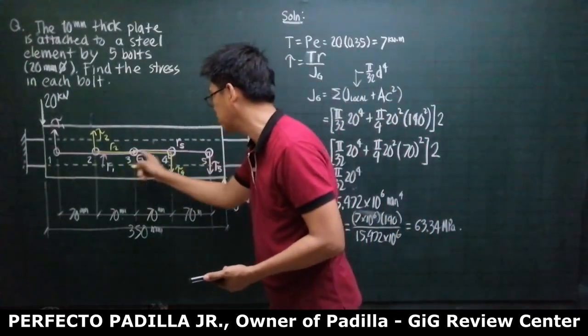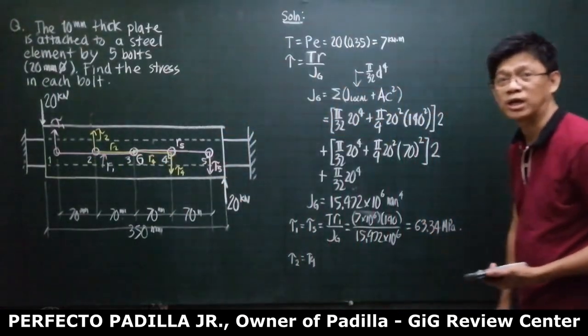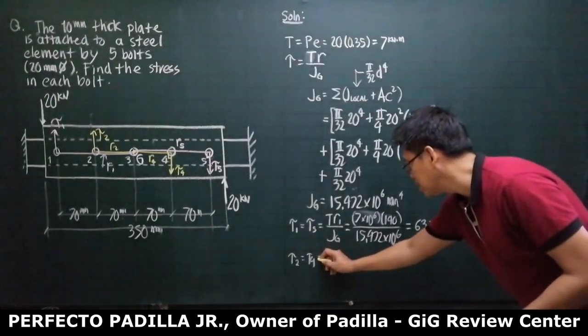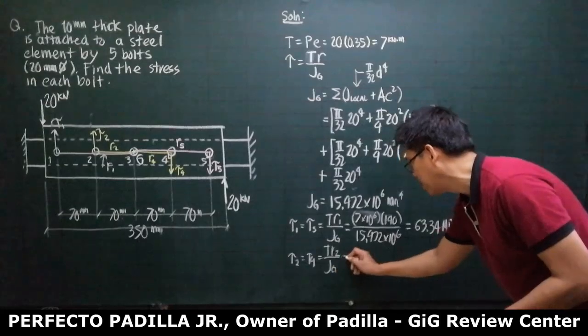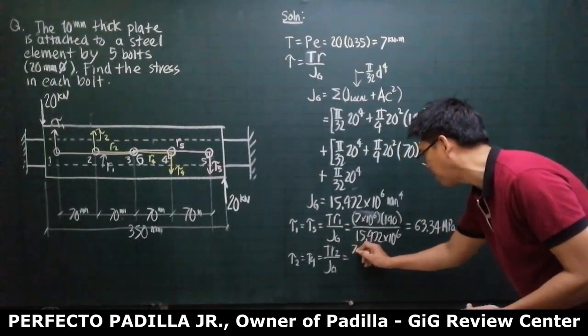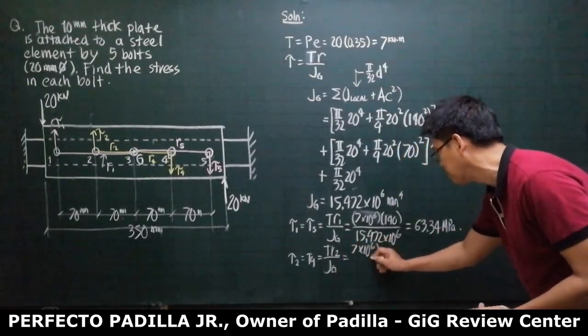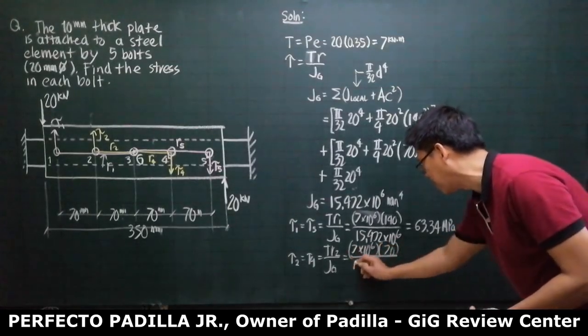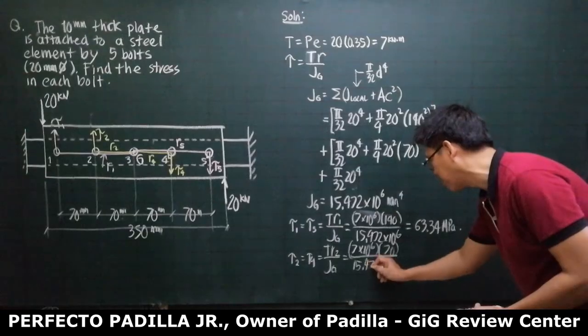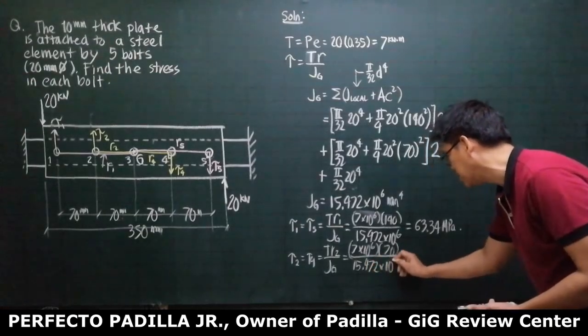Now, the shearing stress in rivet or bolt 2 is the same as tau in bolt 4 because their distance from centroid are the same, both equal 70. So this is TR2 over J global. And this is 7 times 10 to the 6 times R, which is 70, over J global, 15.472 times 10 to the 6.